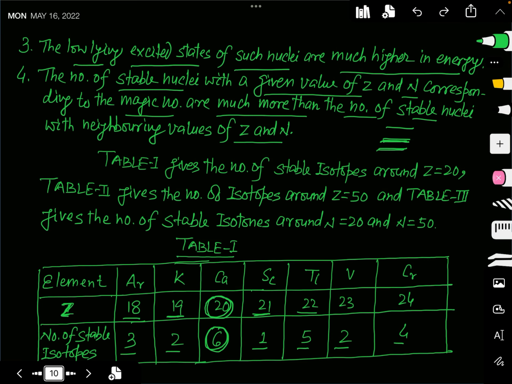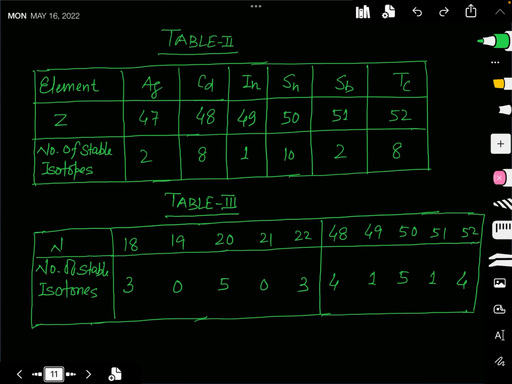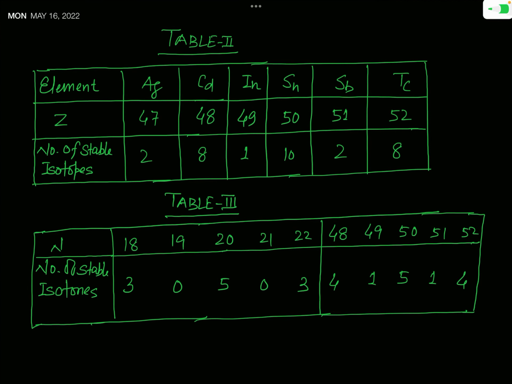Similarly, consider another magic nucleus with a proton number of 50. Fifty is a magic number, and this magic nucleus has a total of 10 stable isotopes.